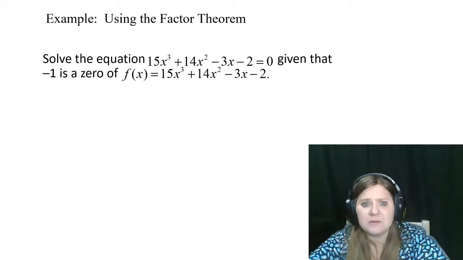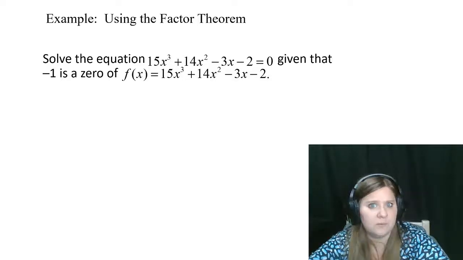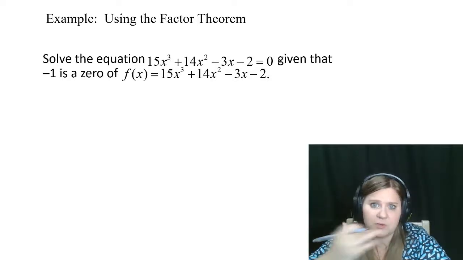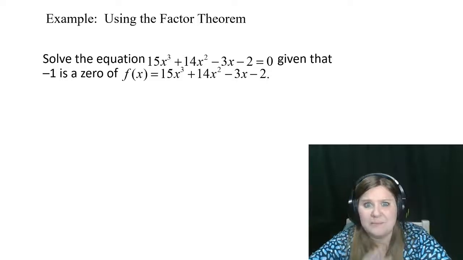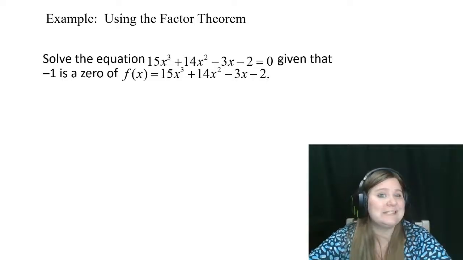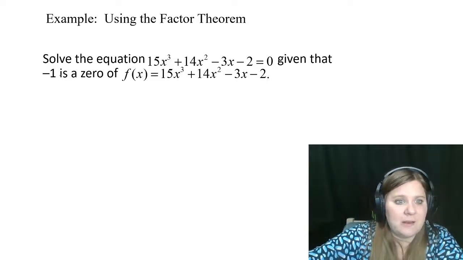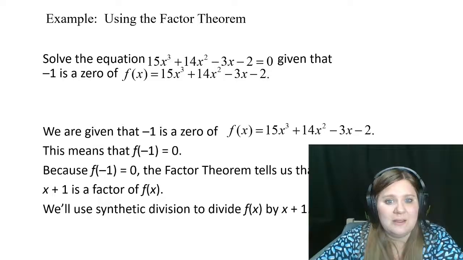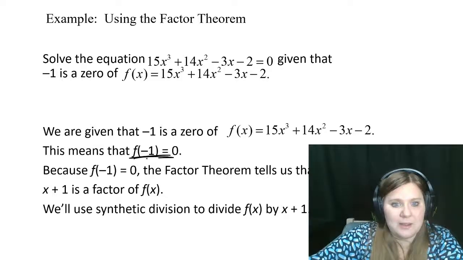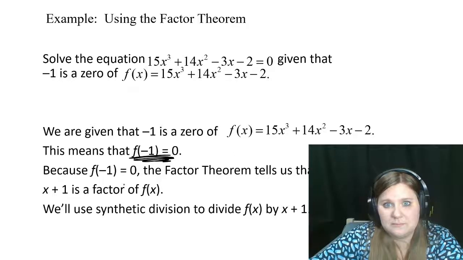Okay, I want to point out to you that if I tried to factor this, it wouldn't be factorable by grouping. So it comes out kind of messy if I try that. So instead, since I have -1 as a 0, I can say that f of -1 equals 0.